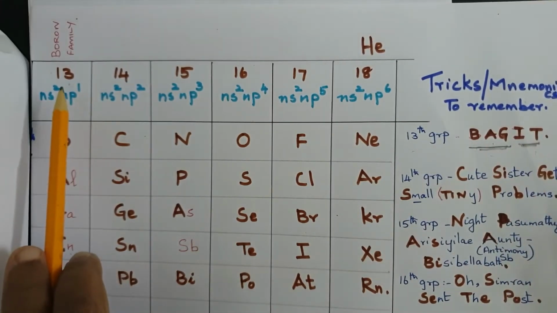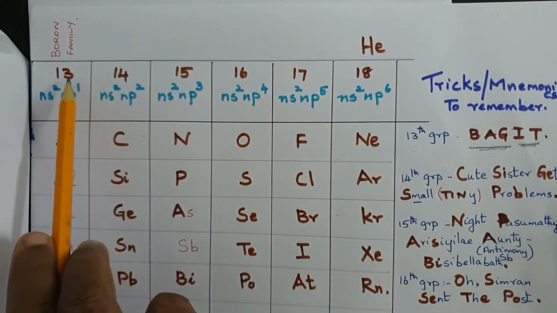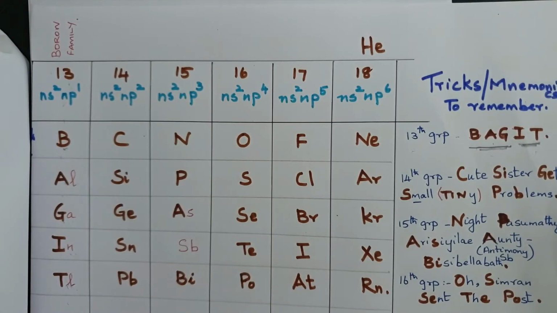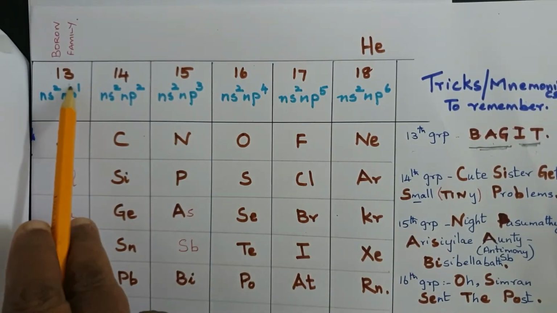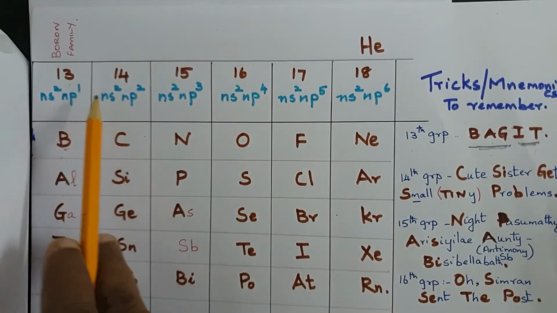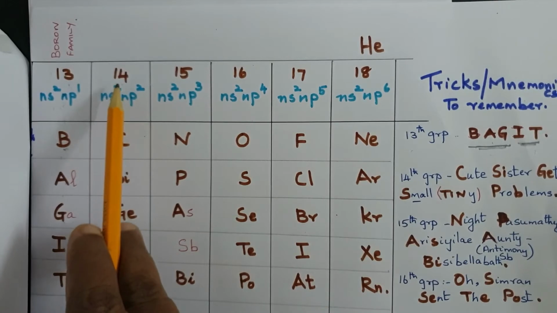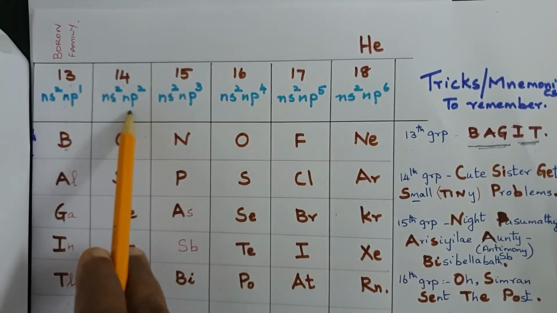One more thing you have to remember is the electronic configuration of the elements of the P block. The 13th group electronic configuration will be ns2 np1. For the 14th group, remember 4, so ns2 np2.